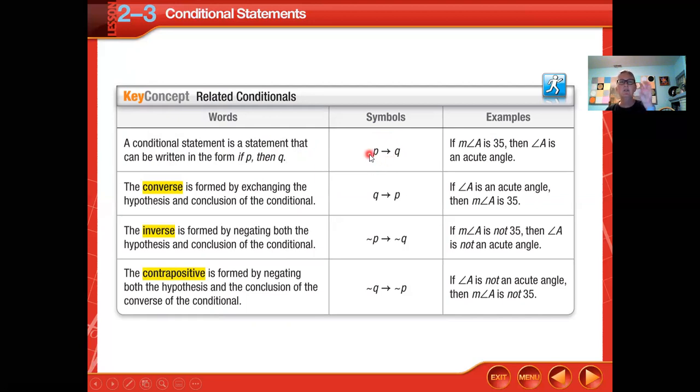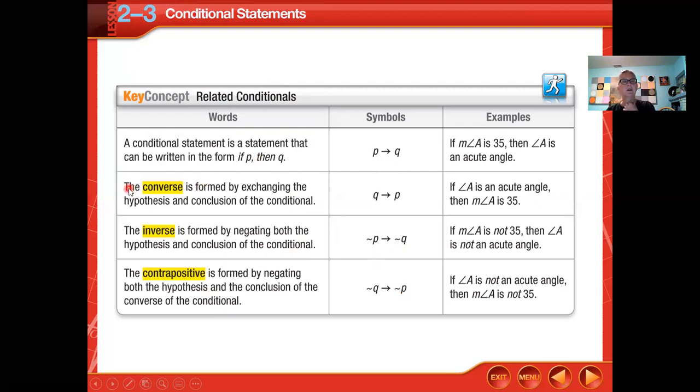So the converse is when you switch them. The inverse, you leave them the same, but you negate each one of them. The contrapositive is when you switch them and you negate them.